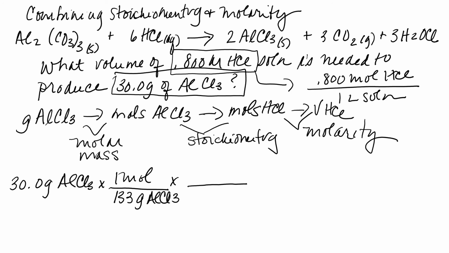And from the balanced equation, we have 2 moles of AlCl3 to 6 moles of HCl. So now we've gone from grams of a product to moles of the reactant, the HCl.